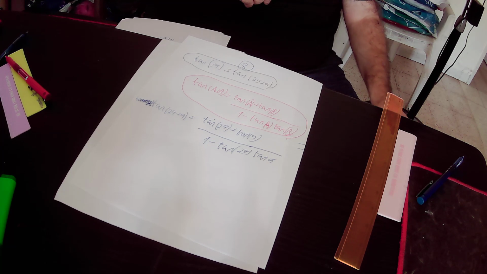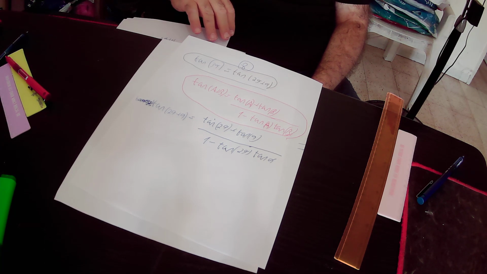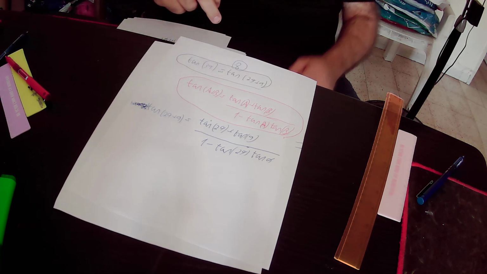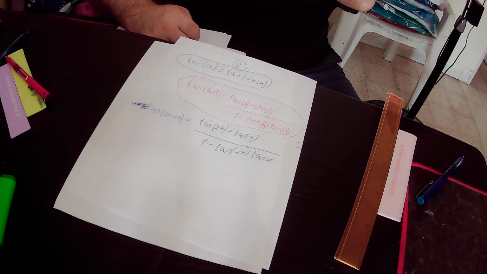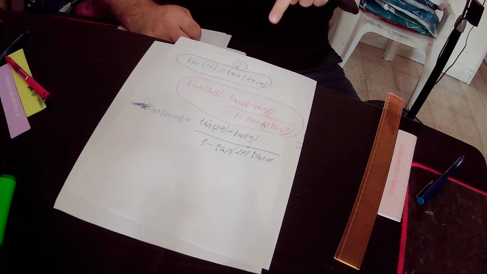In order to calculate the value of tangent 2 alpha plus alpha, I presented to you the trigonometric identity of tangent A plus B. Actually, tangent A plus B equals tangent A plus tangent B over 1 minus tangent A times tangent B. So we found the value of tangent 2 alpha plus alpha according to this identity: tangent 2 alpha plus tangent alpha over 1 minus tangent 2 alpha times tangent alpha.